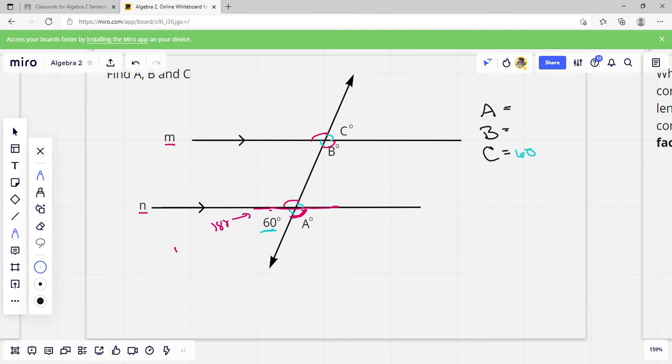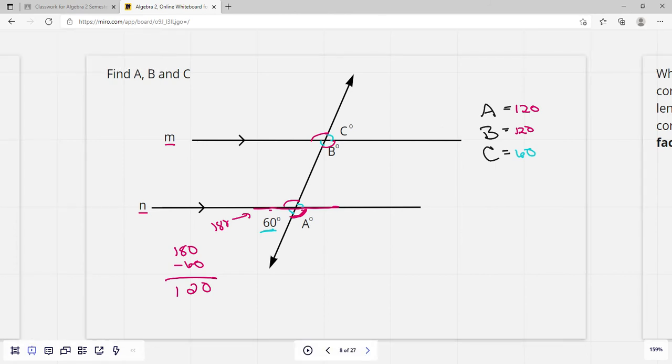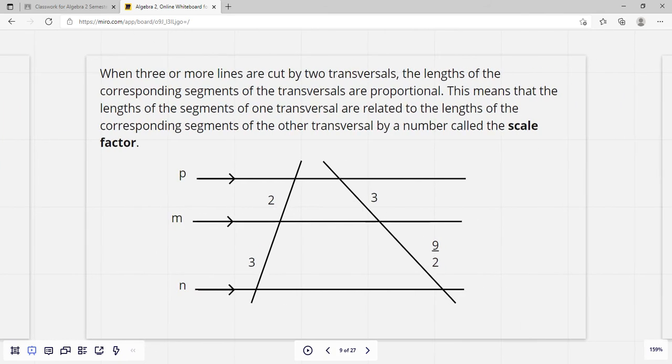So we just have to do 180 minus 60, and we're going to get 120 for our big angles. So that means you only have two sizes, big ones and small ones. I think in the book it uses L and S for large and small.